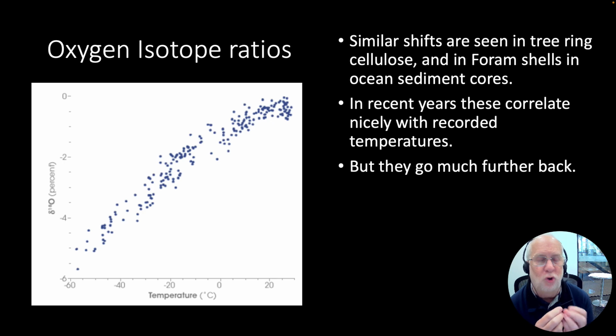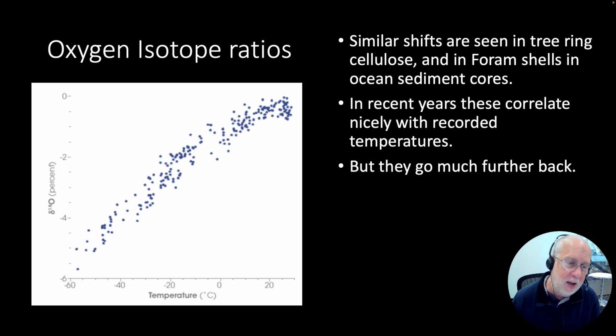If there is oxygen adsorbed into the walls of the metal in your pipes, that can give you problems. The researchers have had lots of trouble with this, but over the years they've worked out how to do it. Many of these researchers are in the School of Earth Sciences here at the ANU. And you get a nice clear correlation over a large range of temperature between the percentage of oxygen 18 to oxygen 16 and the temperature.